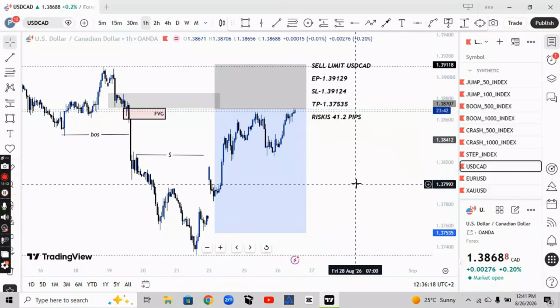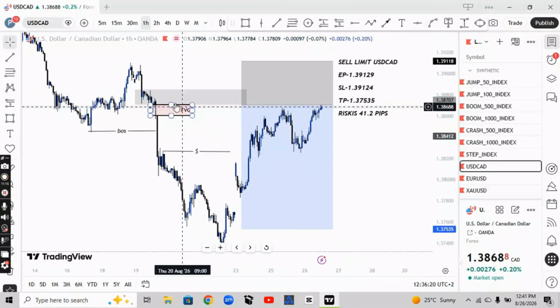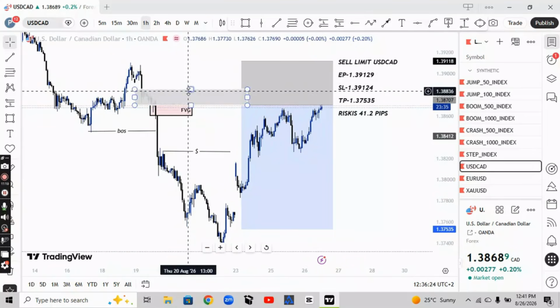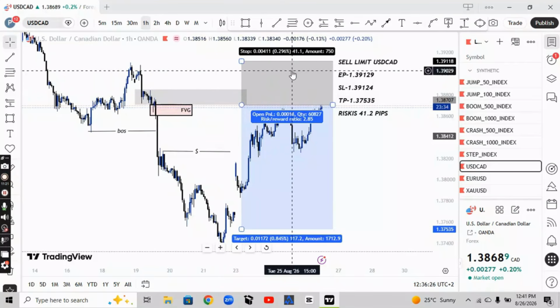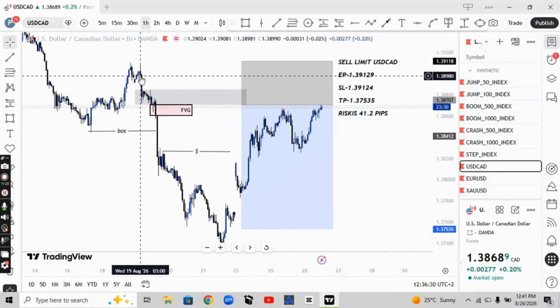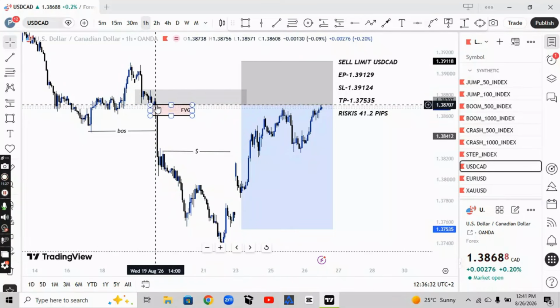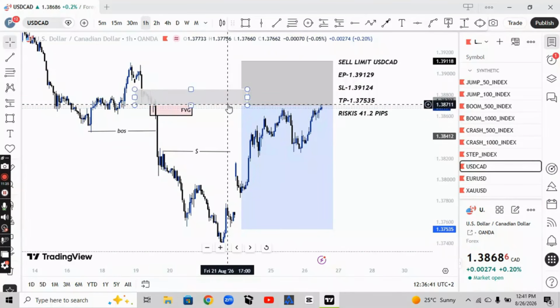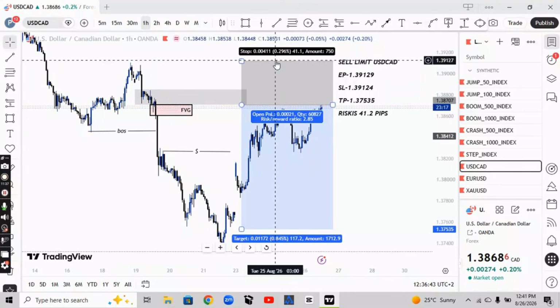All our confluences were met, but I allowed my stop loss to cover this level because we also have an order block here and an order block here, and all these order blocks have a fair value gap, like a massive fair value gap.